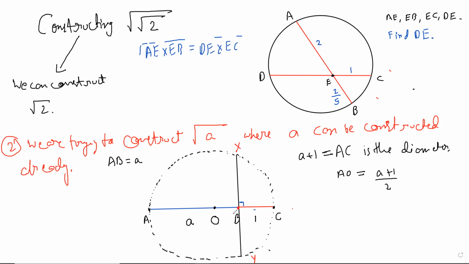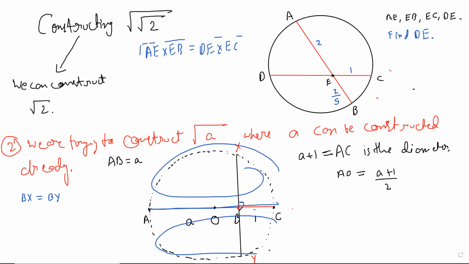Okay. Now, is it intuitively clear to you people that Bx is equal to By? Is this intuitively clear? Just based on symmetry, right? Bx is on that side, By is on this side. This is the diameter. Both sides are the same. Okay. Bx is equal to By.